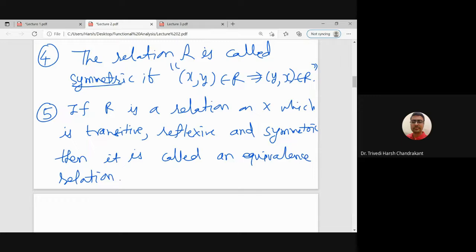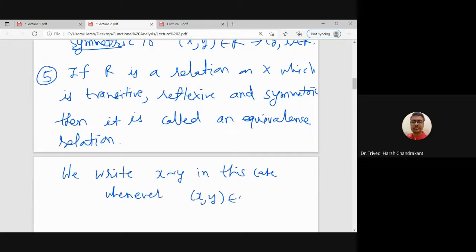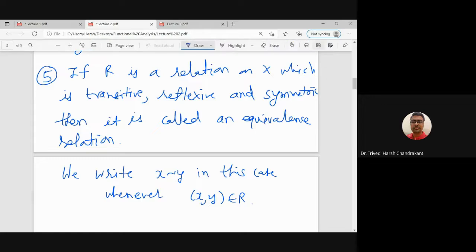So can you give some examples of equivalence relation? So a relation which is symmetric, transitive and reflexive.